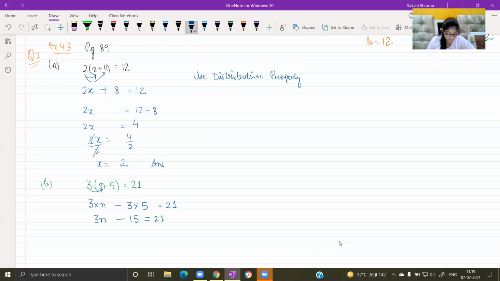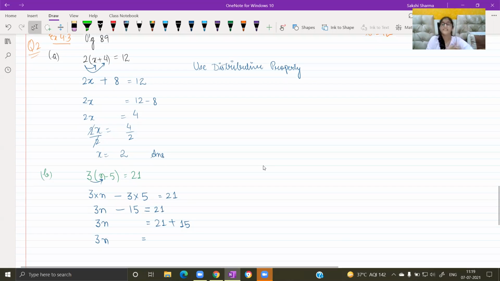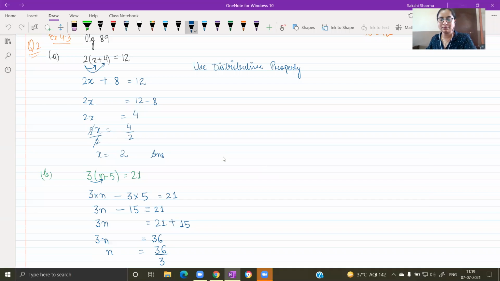Correct. Then 3n equals to 21 plus 15. 3n is equals to 36. Then n equals to 36 by 3, cut by 12. Answer is 12. n equals to 12.